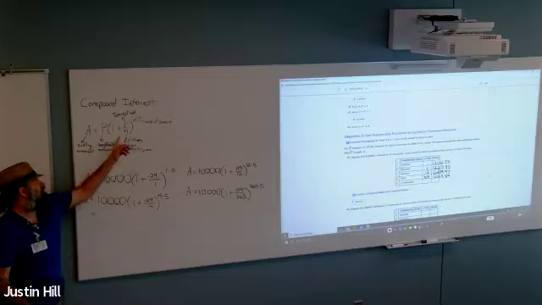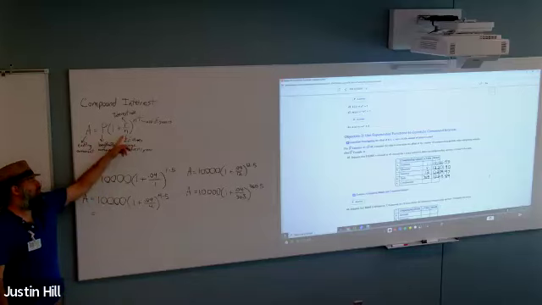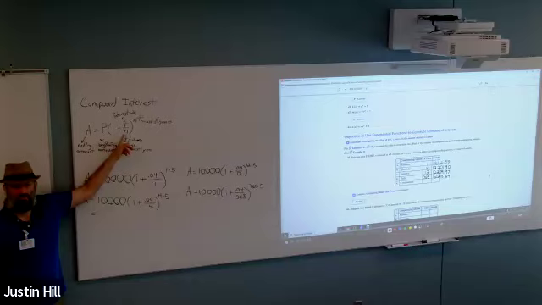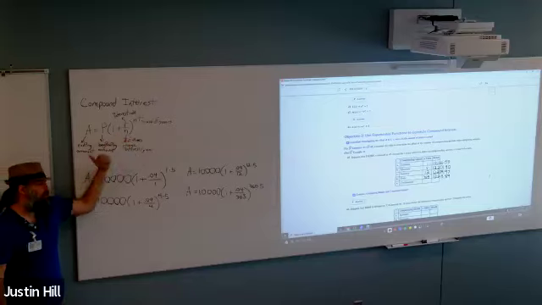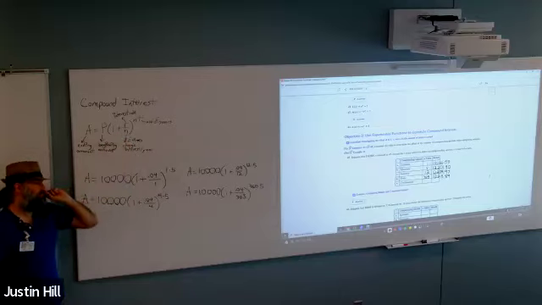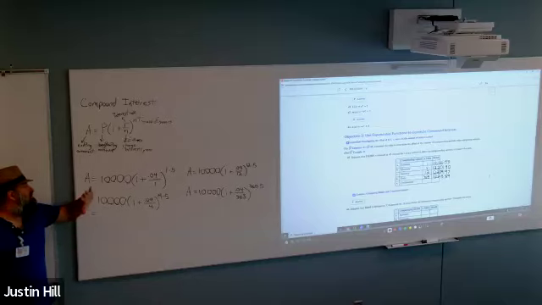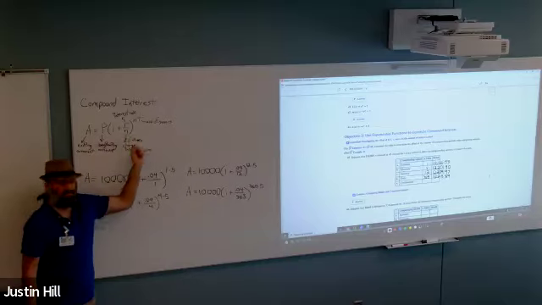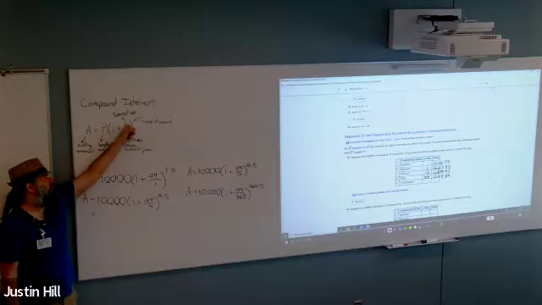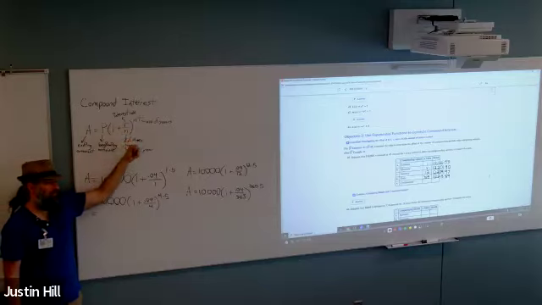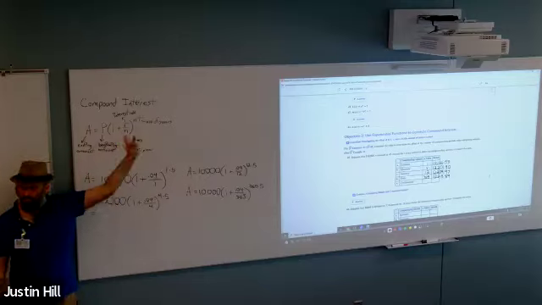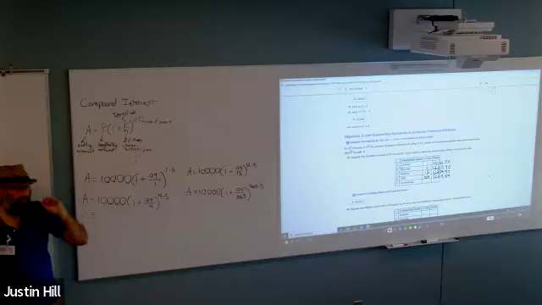We're trying to figure out what happens when this n goes to infinity. You divide the rate by infinity, but you also do it an infinite number of times. Mathematically, with this formula, that's not possible because you can't divide a number by infinity, and even worse, how do you raise that to the power?